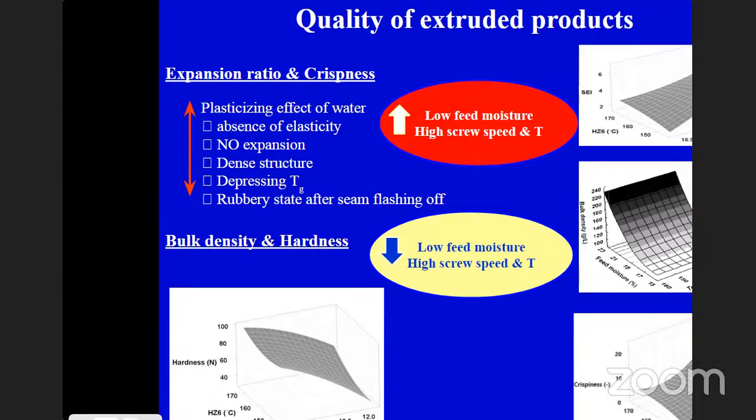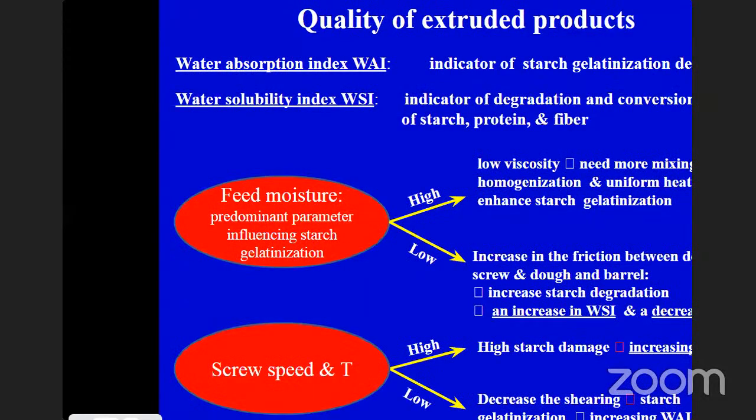Water absorption index is an indicator of starch gelatinization degree, while water solubility index is an indicator of degradation and conversion degree of starch and fiber. Moisture content is the main factor affecting starch gelatinization, where high moisture content decreases the mix viscosity, so we need more mixing, more homogenization and uniform heating to enhance starch gelatinization.